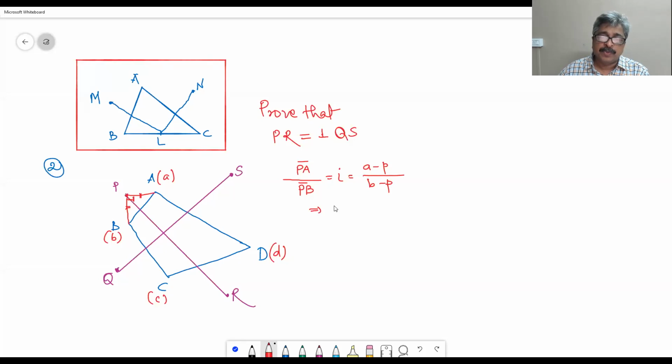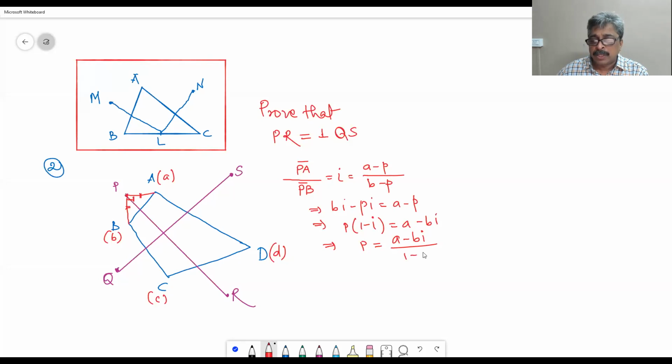This implies bi minus pi is equal to a minus p. Now we want to find out p, therefore we take p on one side, p inside bracket 1 minus i is equal to a minus bi. Therefore, complex number p happens to be (a minus bi) upon (1 minus i). Right? Therefore, if this is your p, can you tell me what is your small r?